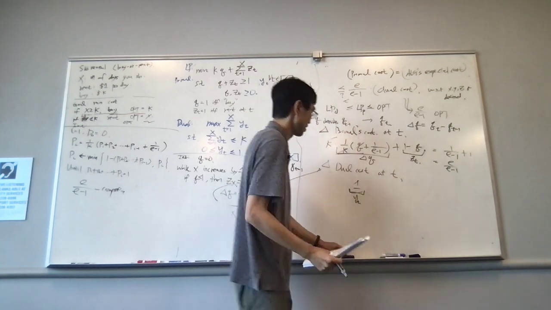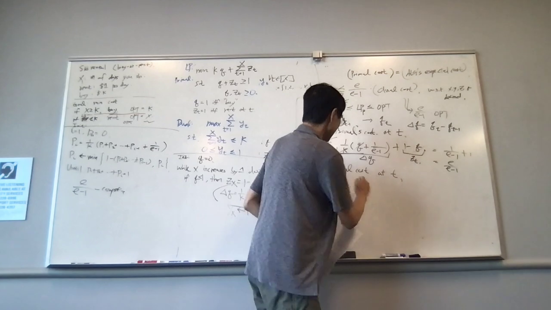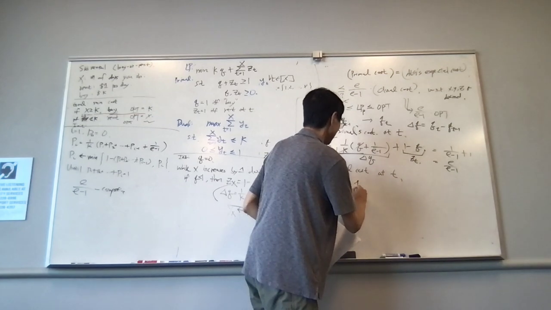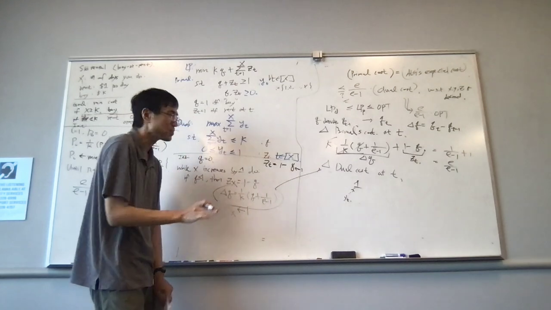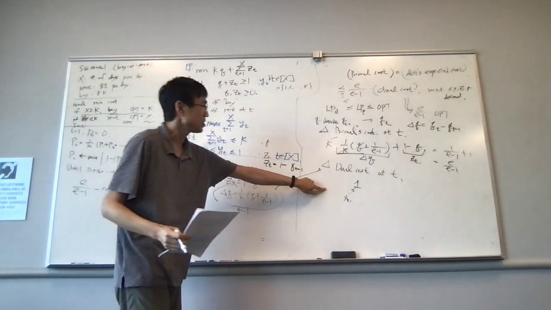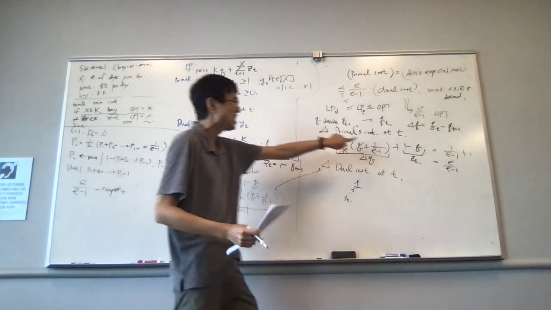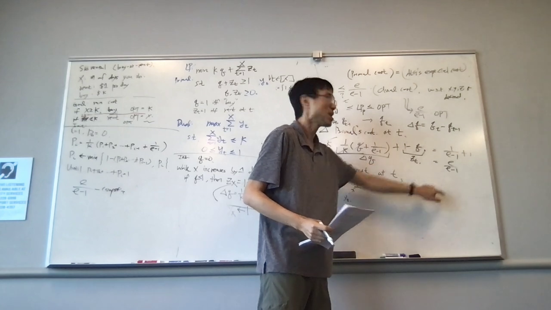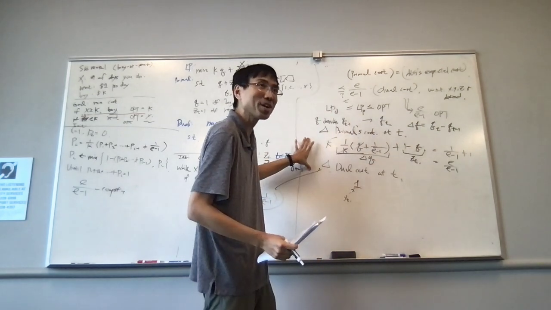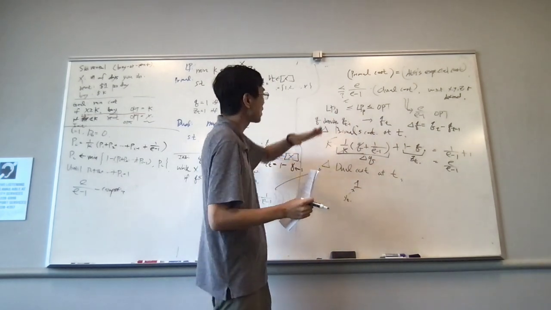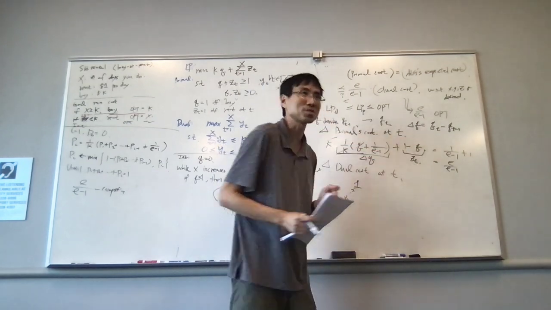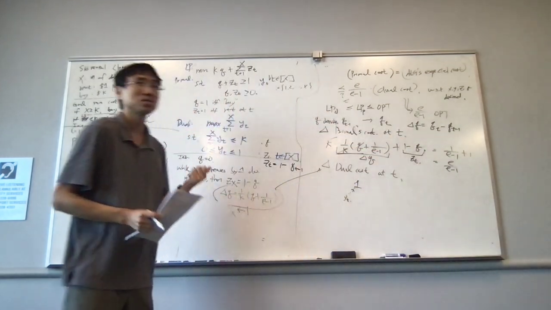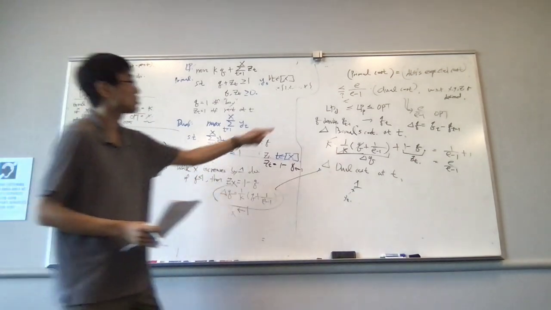So at every time, the dual increases by 1. The primal increases by e over e minus 1. Both start from 0. So at the end of the day, the primal cost will be e over e minus 1 times the dual cost, as we desired. Okay, so we have shown this.